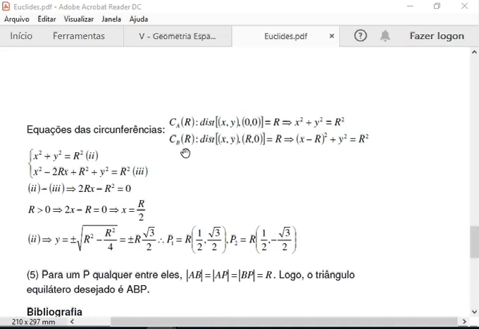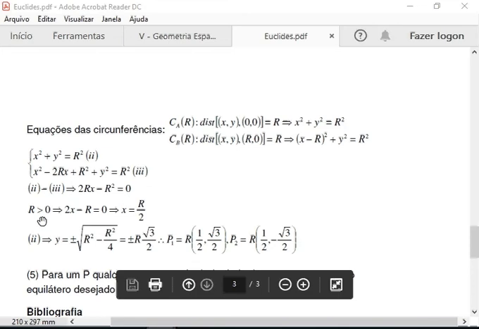The equation of C_B is (x minus r) squared plus y squared is equal to r squared. So we have a system. x squared minus 2xr plus r squared plus y squared is equal to r squared. Subtract the equation 2 from the equation 3. It will remain 2rx minus r squared equals 0.